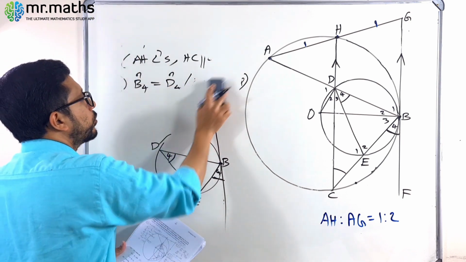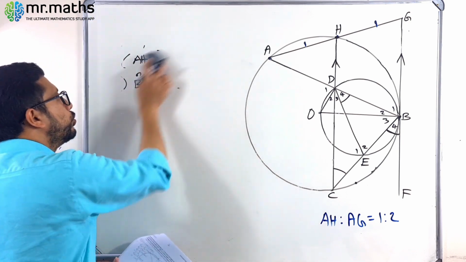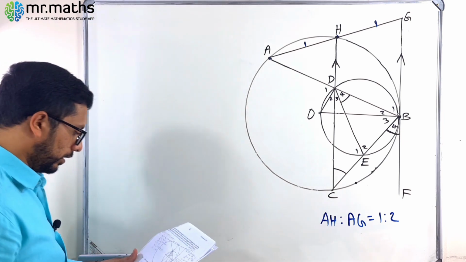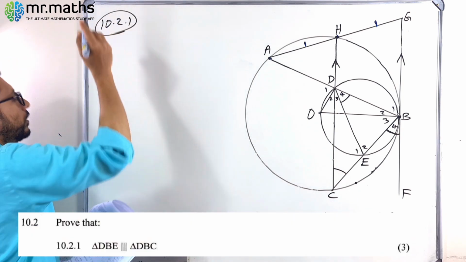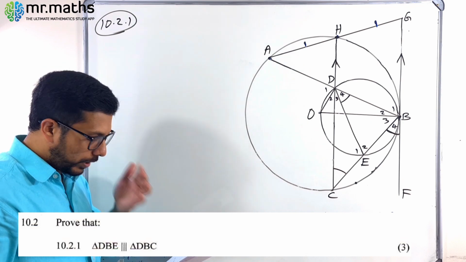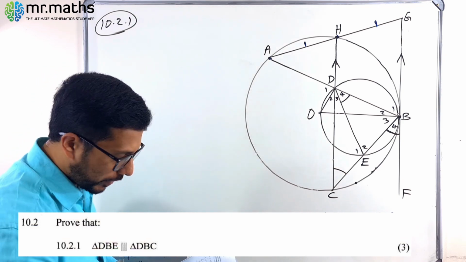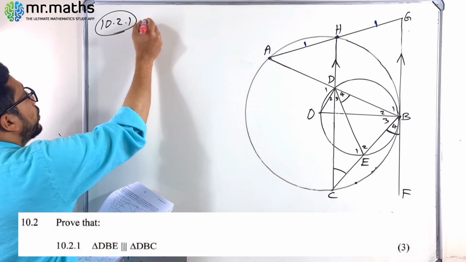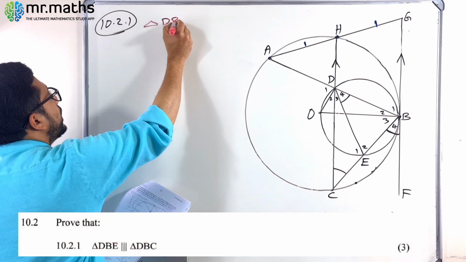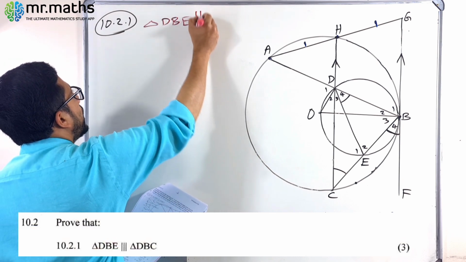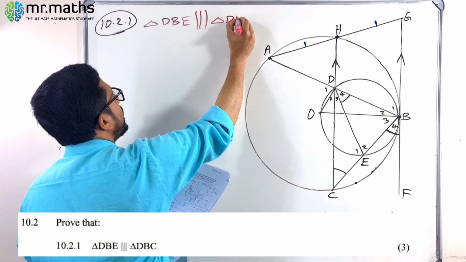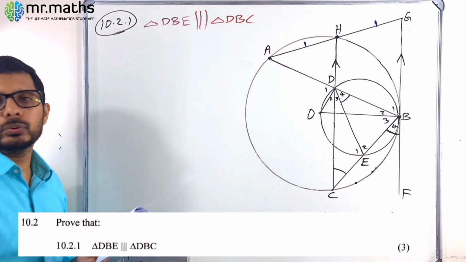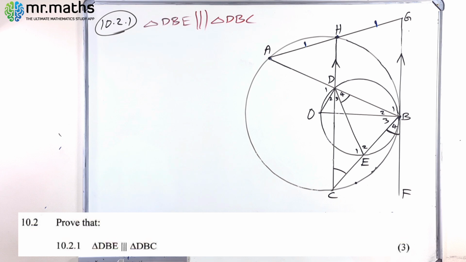Now let's move to the next question, 10.2.1. What is the next question? Prove that triangle DBE is similar to triangle DBC. You have to prove that the two triangles are similar. So how can we prove that two triangles are similar?